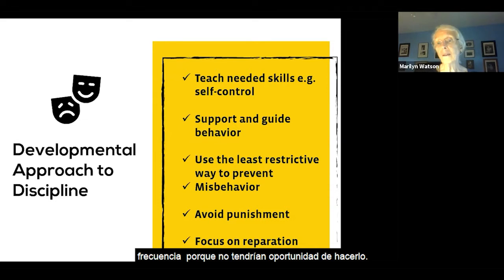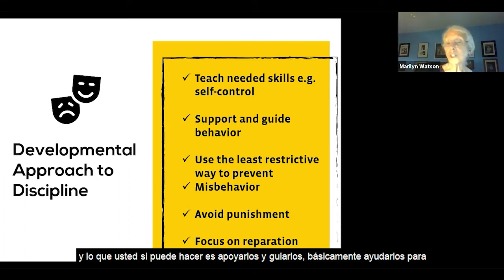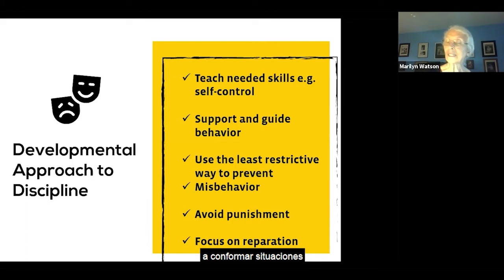They won't misbehave very often because they can't. The kids need to interact, the kids need to be tested, and what you want to do is to provide guidance and support that shapes their tasks or the situation to make the misbehavior less desirable.